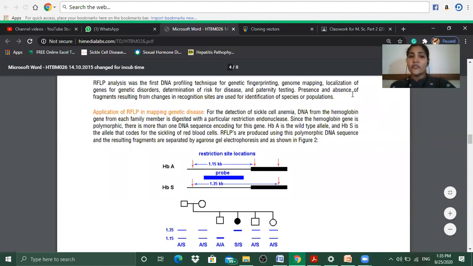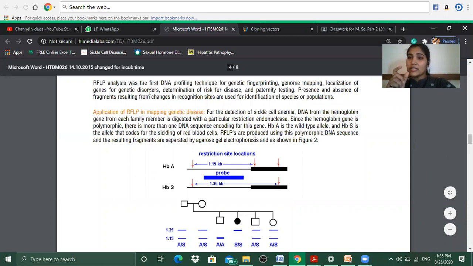Presence and absence of fragments resulting from changes in recognition sites are used for identification of species or population. If you have two samples of DNA, EcoR1, the restriction enzyme, will detect one particular sequence only.